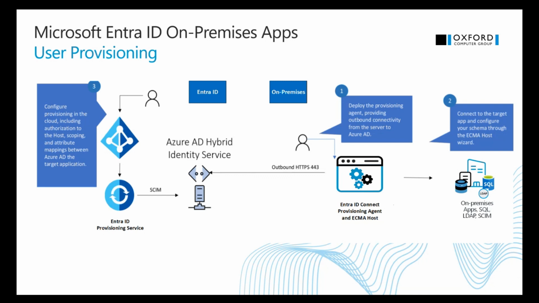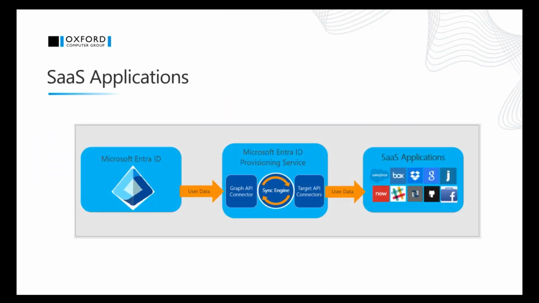And the last one, which is probably the first provisioning that we've had, is your SaaS apps. This has probably been utilized for almost 10 years now, these SaaS apps, where you had the ability to use the provisioning service to automatically provision to your SaaS apps, your Salesforce, your ServiceNow, your Box, your Facebook.